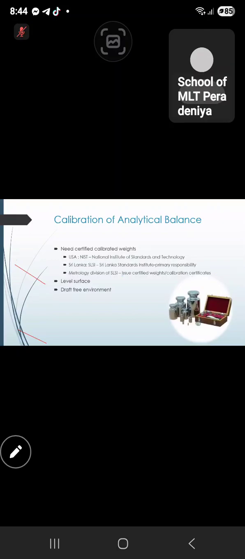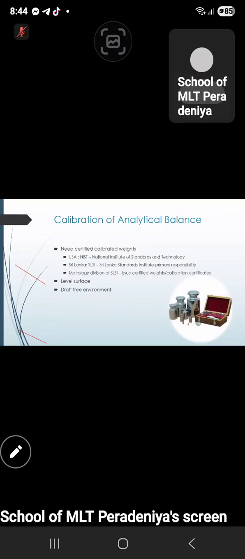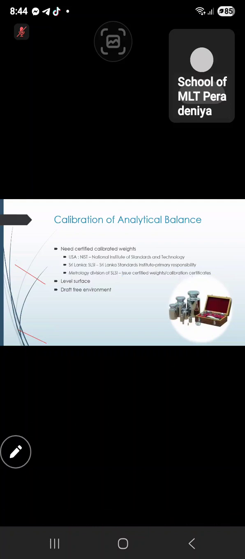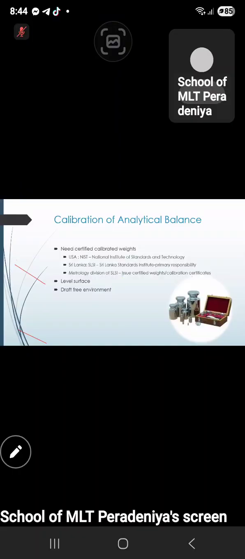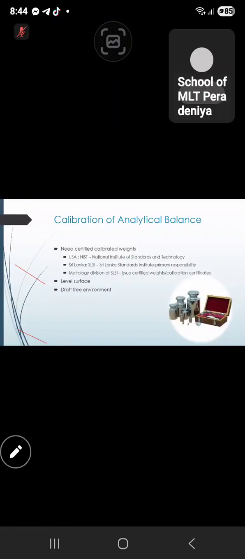The other one is the calibration of the analytical balance. For an analytical balance, there are calibrated or certified weights. In the USA it is NIST, the National Institute of Standards and Technology. But in Sri Lanka, SLSI, the Sri Lanka Standards Institute, takes the responsibility of issuing these certified weights.